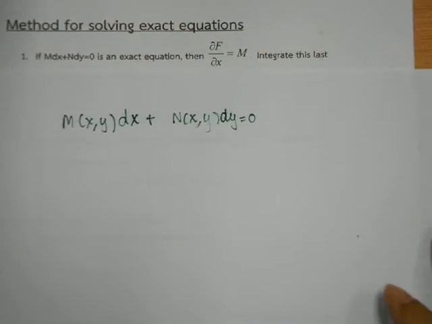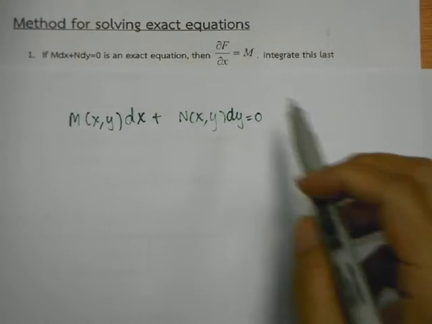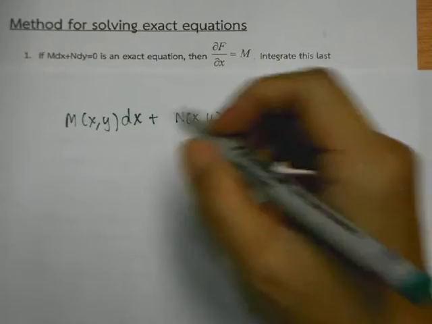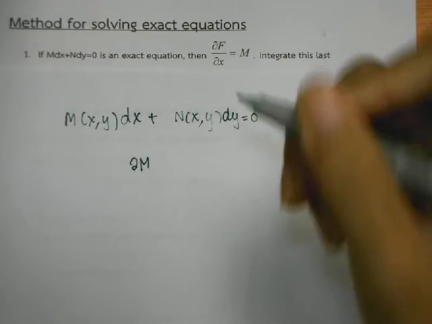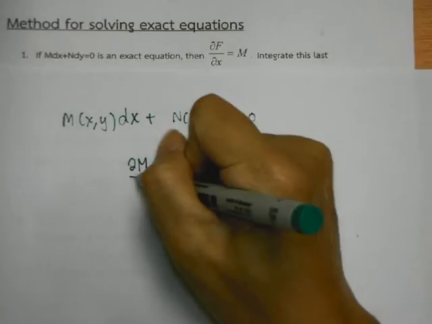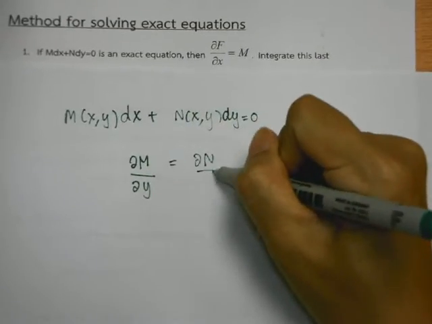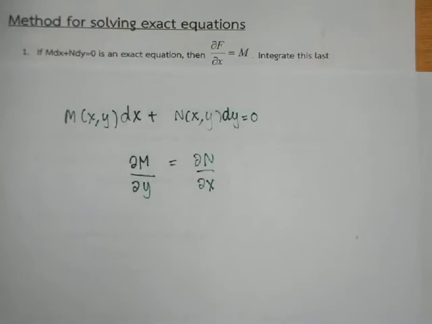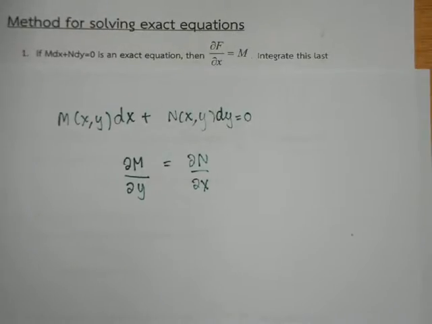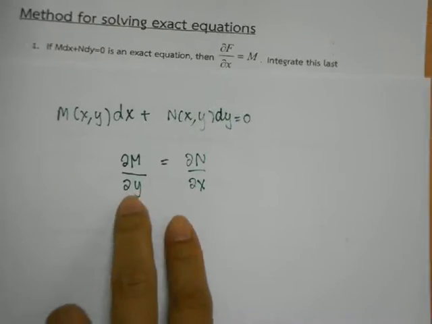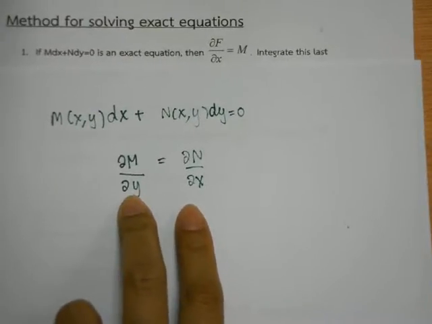And then you define this equation to be an exact equation whenever the partial derivative of M with respect to y equals the partial derivative of N with respect to x. If it follows this, that means this equation is called an exact equation.